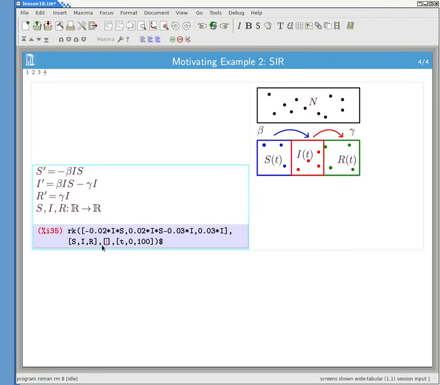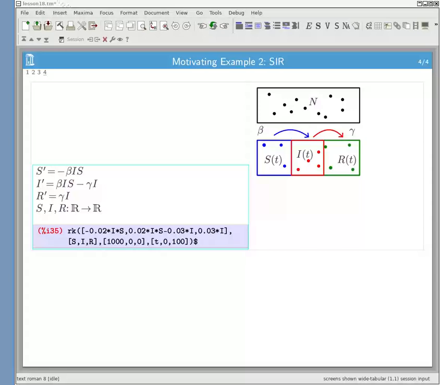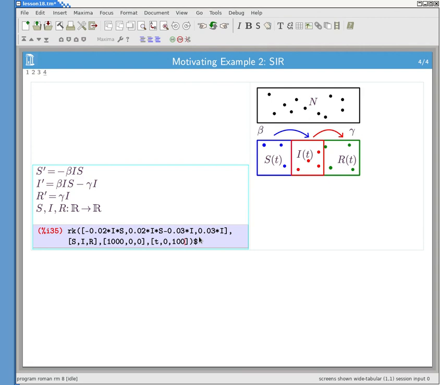So let's assume that we start off with a susceptible population of 1,000, an infected population of 0, and a recovered population of 0. When carrying out a numerical solution with the RK function, we must also give the time increment, at what time slices we would like to find the solution by this numerical procedure. And let's say that this occurs every 6 hours, or 0.25, a quarter of a day.